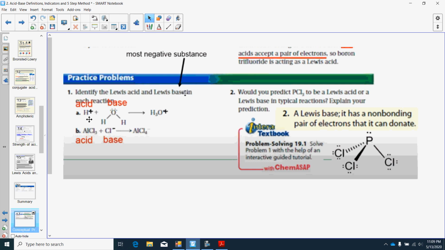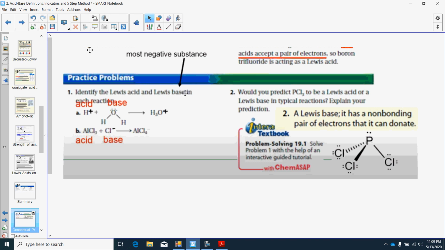Here you can tell right away, H plus, it's positive, it doesn't have any electrons. And over here we have oxygen with two unshared pairs of electrons. So this is more negative, it becomes the base. And this is the acid. Down here, this guy's neutral, this guy's -1, this guy's the base. So that's a really good thing to remember with Lewis acids.